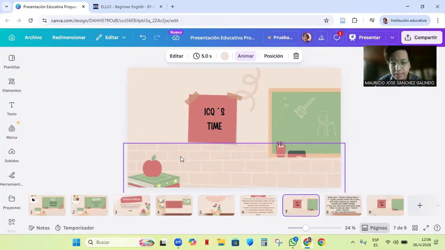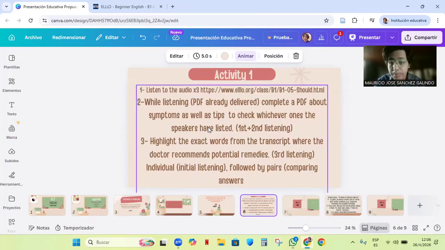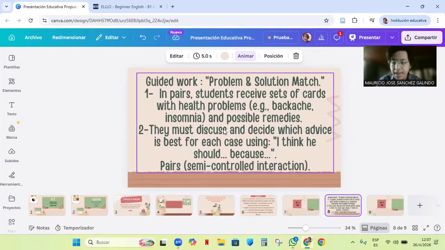Erika, please. Perfect. You're going to check the symptoms and the tips that are given for the people that I have listed here. Well done, my dear students. Congratulations. Now, remember, once we have finished this, we will compare the answers in pairs. Thanks a lot, my dear students.